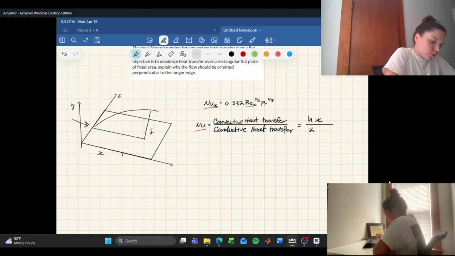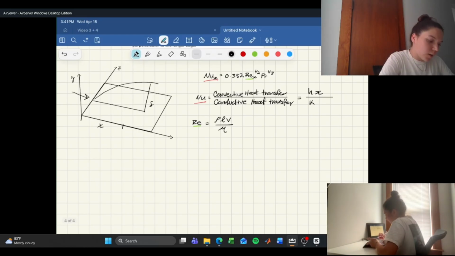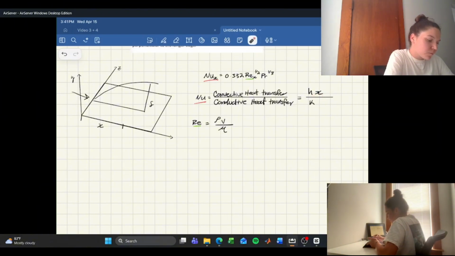Then we have Reynolds number. That is the density times length times velocity over viscosity. And this length, we can just say that it's x to keep things consistent, like we did up here.